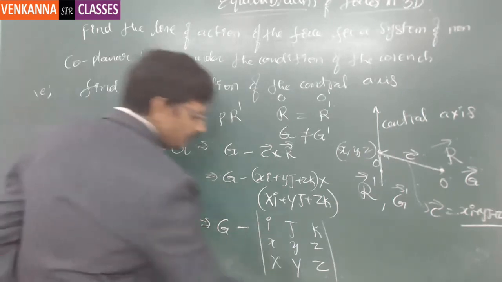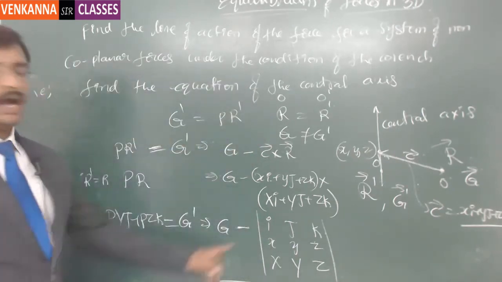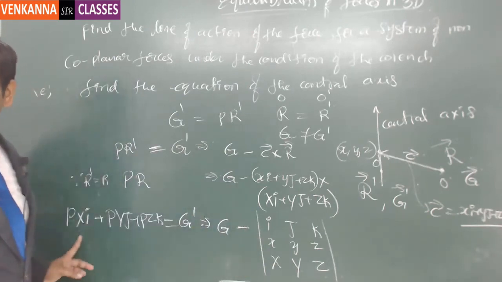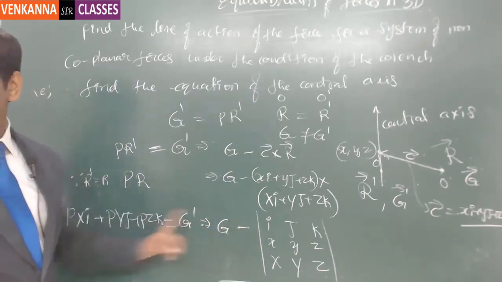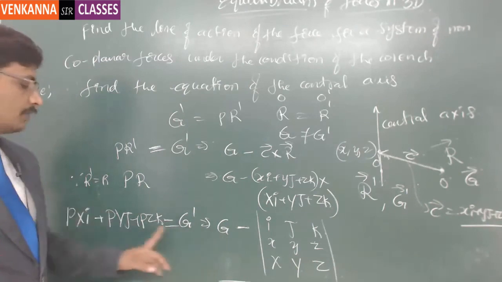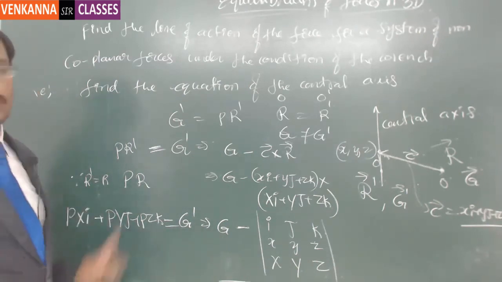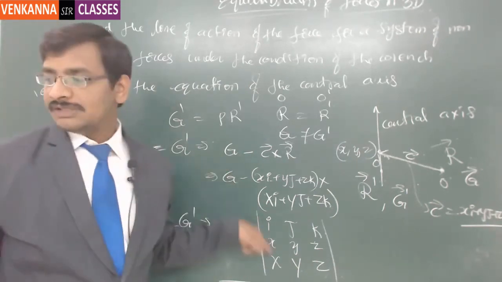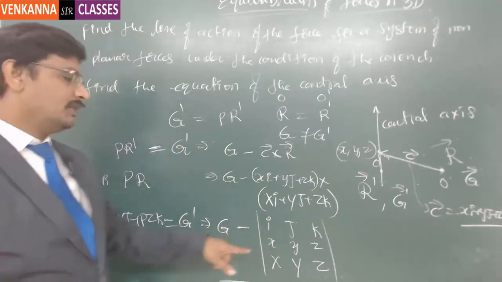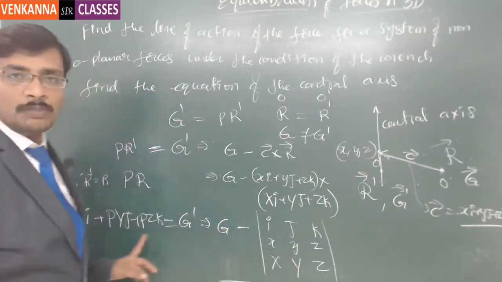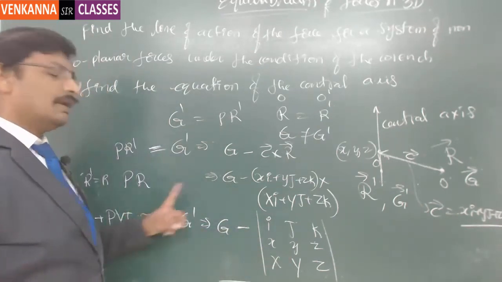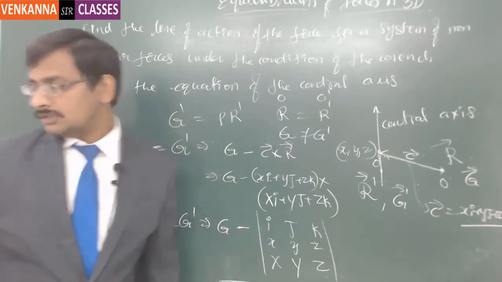Now what we will do is equate the i component on this side to i, the j component to j, and the k component to k. So that is going to be the equation of the central axis, which will give you a relation between x, y, z with the known components of G and R. Got it? Okay.